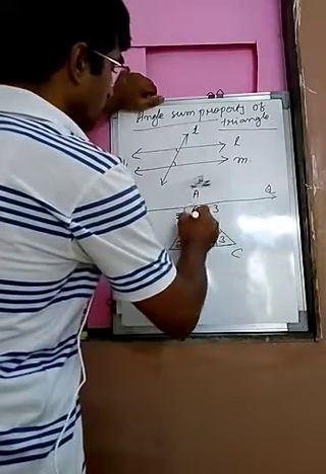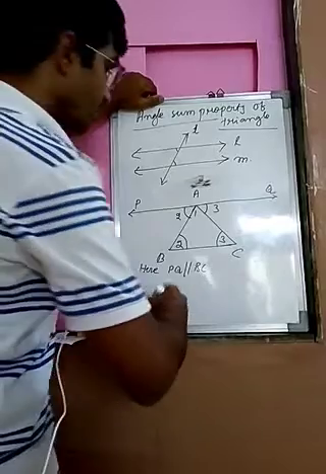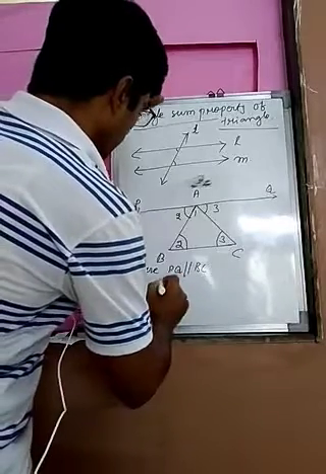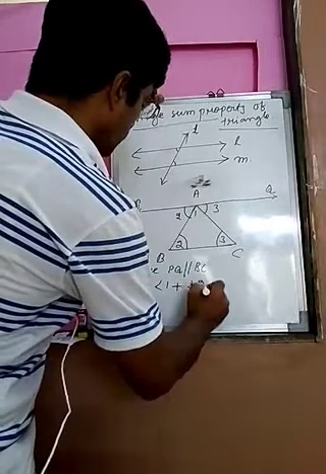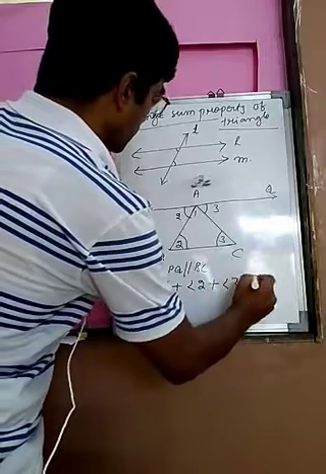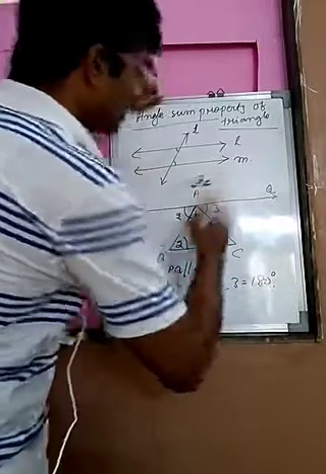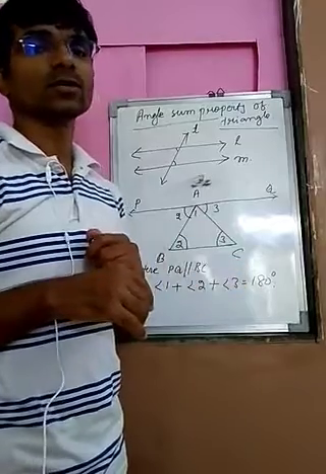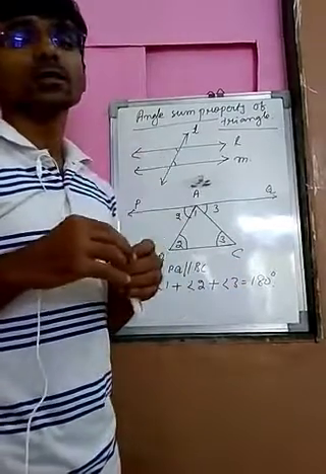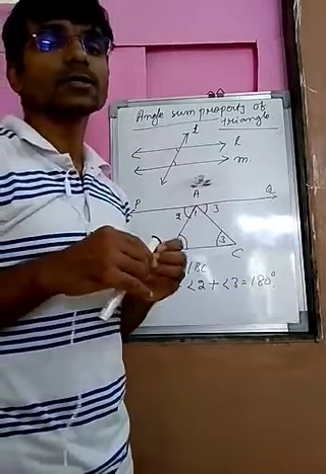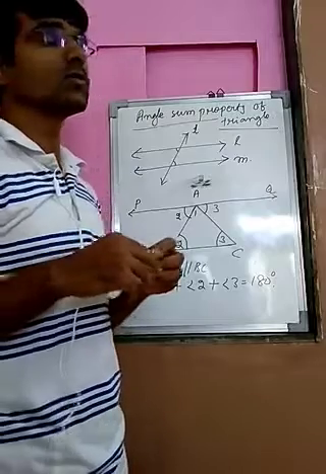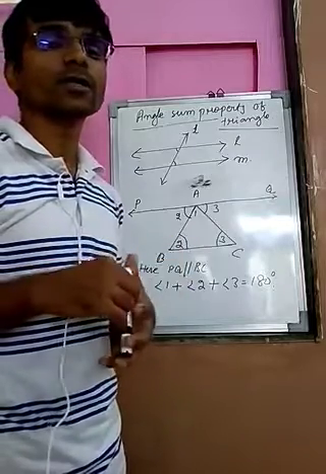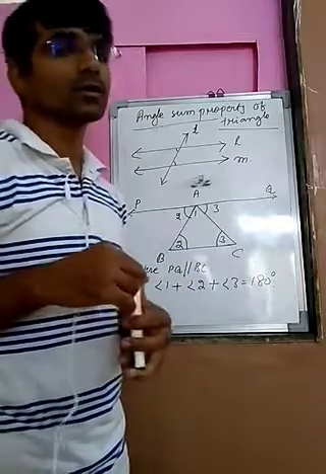That means the sum of these 3 angles will be how much? 180 degrees. So angle 1 plus angle 2 plus angle 3 equals 180 degrees. So by 3 different methods we can prove that the interior angles of a triangle sum to 180 degrees. This is called the angle sum property of the triangle. Got it? Thank you everyone.